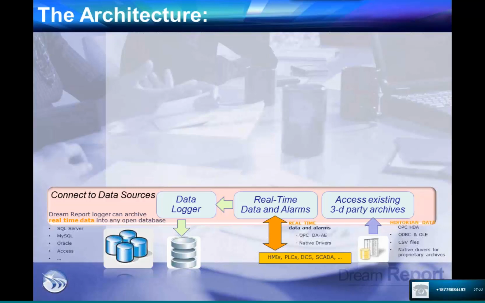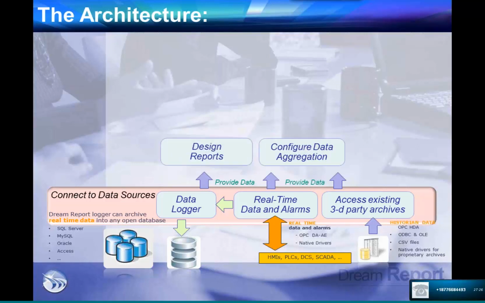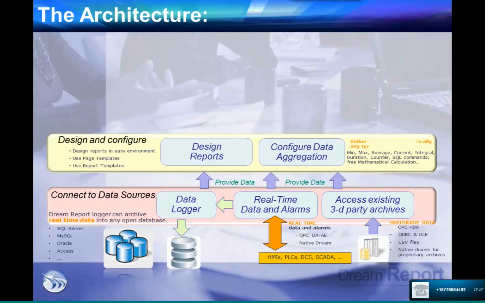Once communication is established, we go one level up, where we say that the report needs to be designed. In this case, we have two parts. Part number one is a library of statistical functions that exist in Dream Report, and those statistical functions can be used in order to calculate statistics and present those statistics as part of the report.